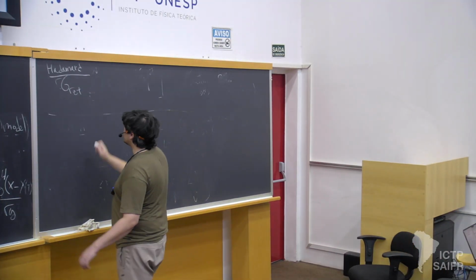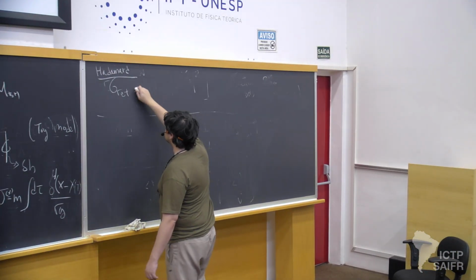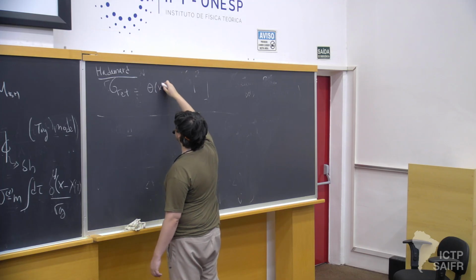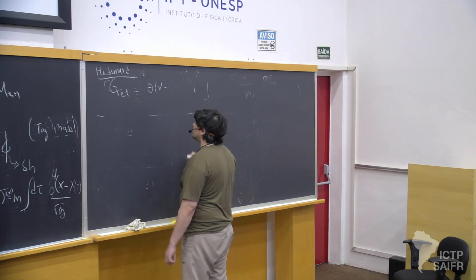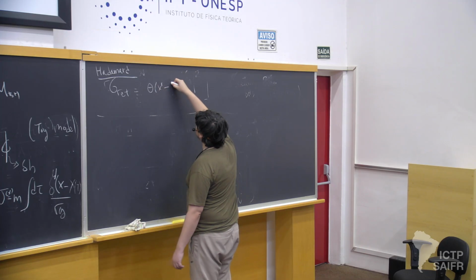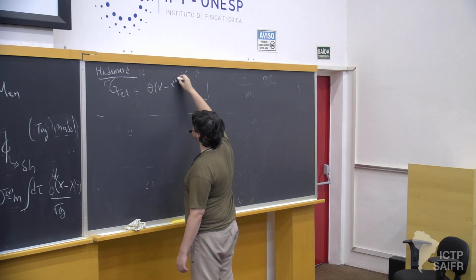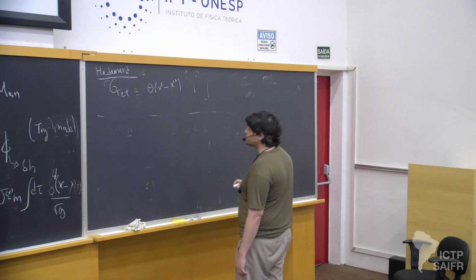So we saw that in the flat space case, this was something retarded, of course. So we had x0 minus x prime 0, if you look at x minus x prime.